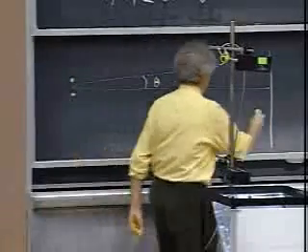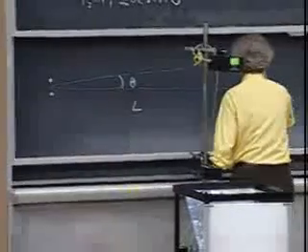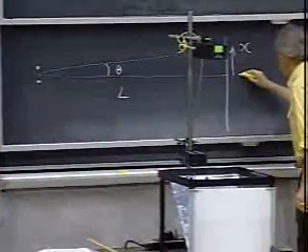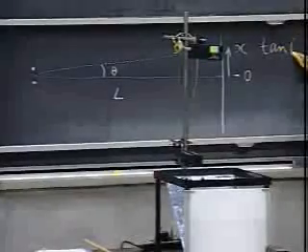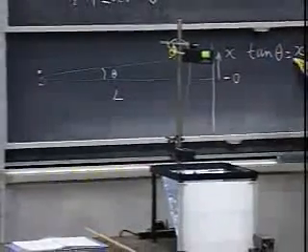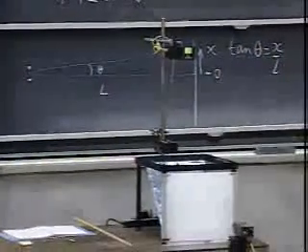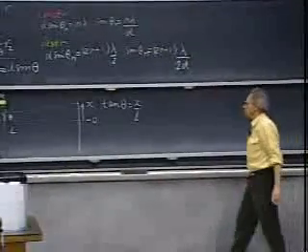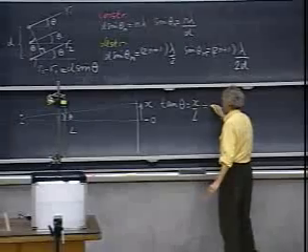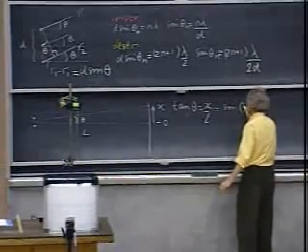Then you see immediately that if I call this the direction x, x being 0 here, the tangent of theta is x divided by L. If, but only if, I deal with small angles, the tangent of theta is the same as the sine of theta.